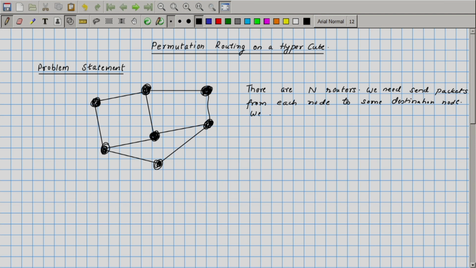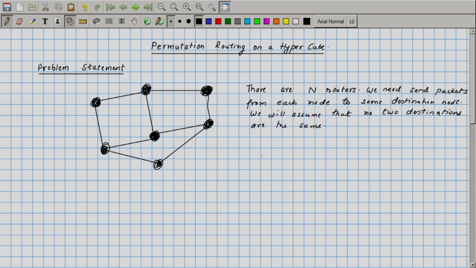We will assume that no two destinations are the same. That is why this problem is called permutation routing.